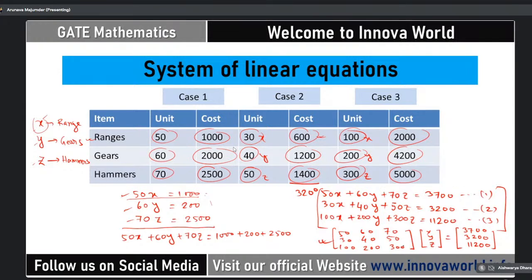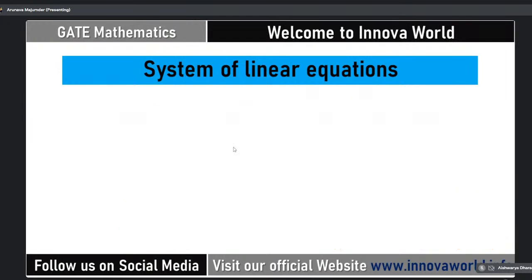So this forms the system of linear equations, and we can convert it into the form of this matrix. Now I am going to solve this matrix. This is a very complex matrix, and you can see that the numbers are very huge. To solve a system of linear equations, you need to first learn some notations.